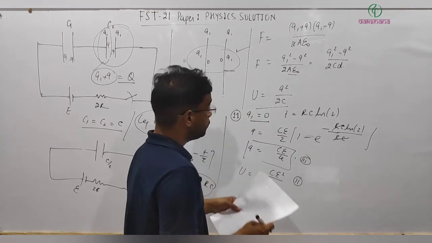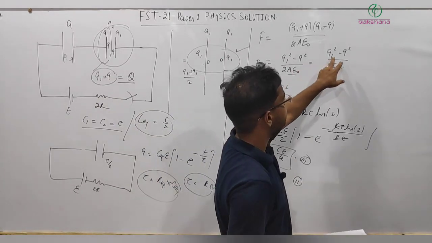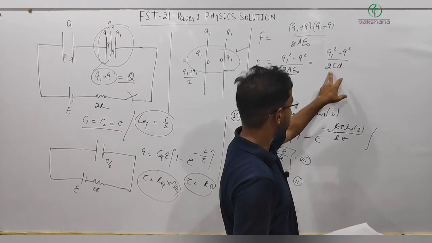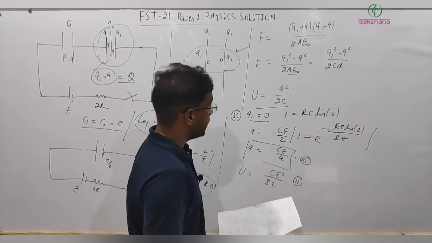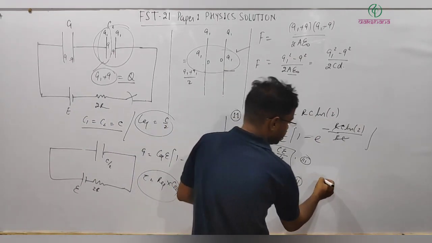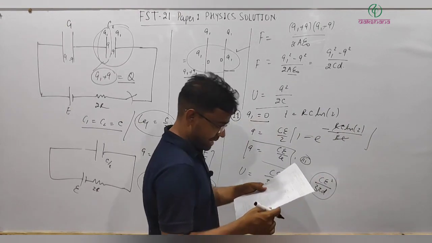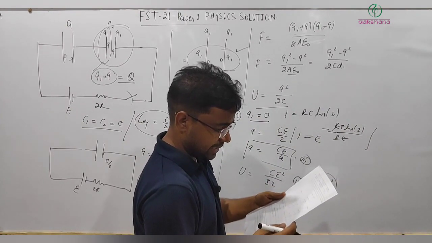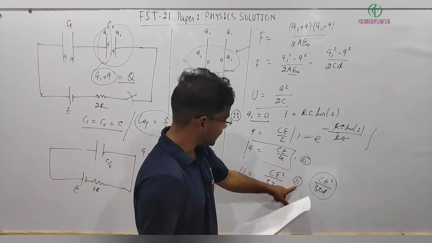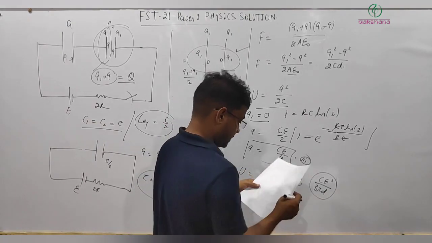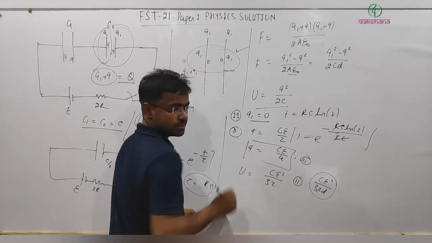And the force between the plates, here it's 0 and Q square by 2CD, so this is again CE square divided by 32D, which is matching with option S. So here second, third and S, so for question 11 it's option D.